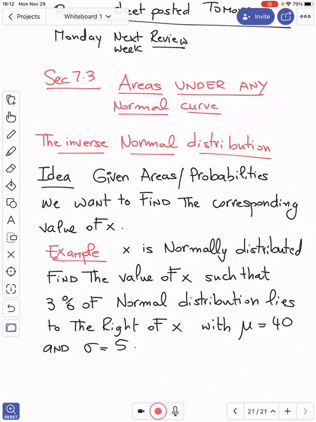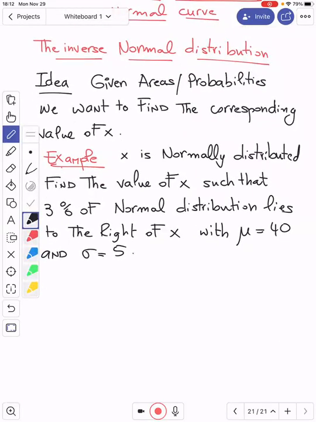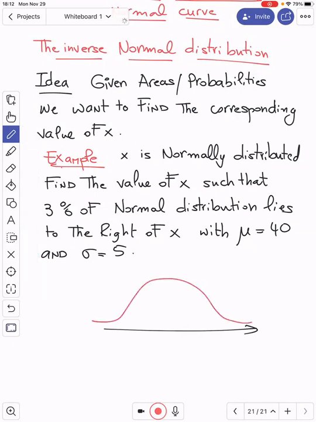Right, so in other words, this is the graph of your normal distribution. I know that the mean is 40 and the standard deviation is 5, right? And the goal is to find x, right? We need to find x such that the area to the right of x is 3%.